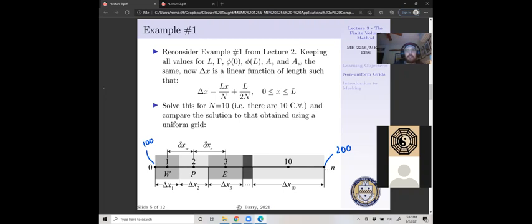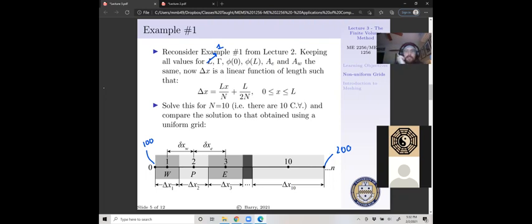But now delta x is going to be a linear function of length. So we have delta x, and this is equal to the length of our domain, which is equal to unity, times x per n. And n in this situation, we're going to have 10 control volumes, plus L divided by 2n.